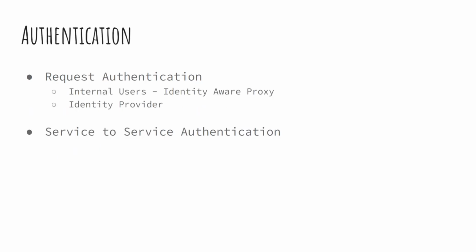Last, authentication. Cloud Run supports different ways to authenticate users and services. So for user authentication, you can either use Identity-Aware Proxy for internal users or identity providers for external users. Whereas for service-to-service authentication, Cloud Run has constructs of passing tokens, which we'll discuss in the individual video when we do hands-on labs.